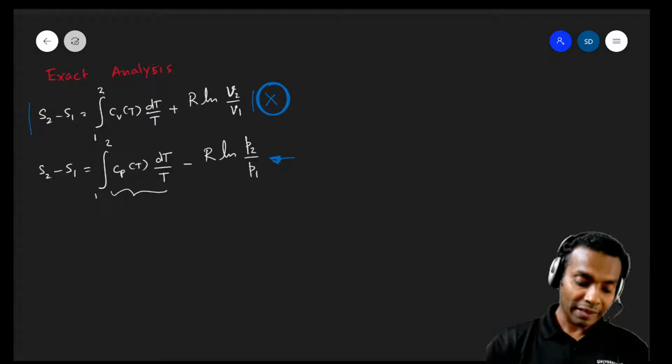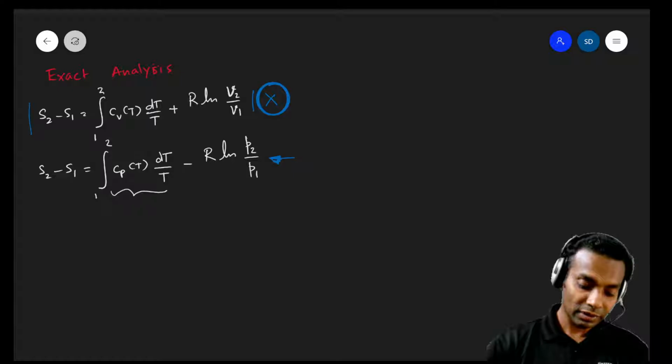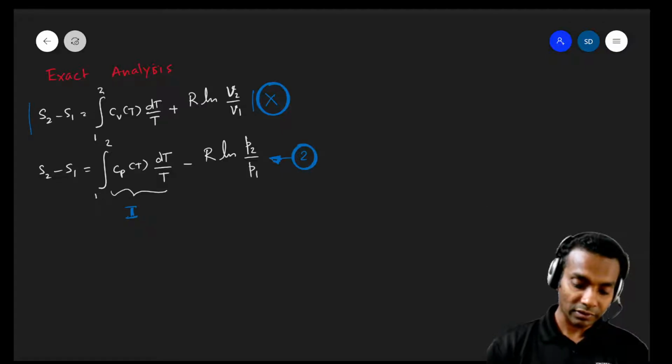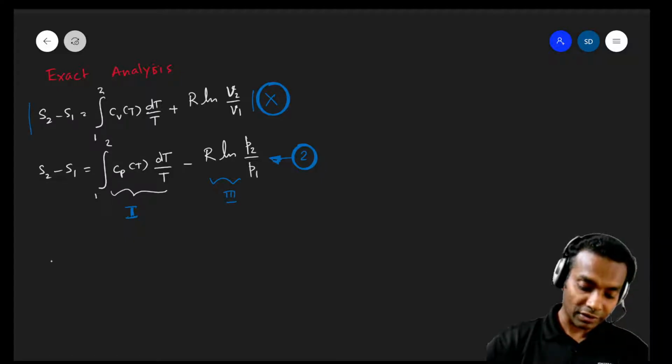What they have done is integrate the first term of the right-hand side of equation 2. Let's take only the first term, which is denoted as S naught.